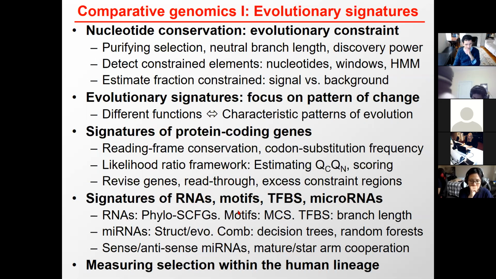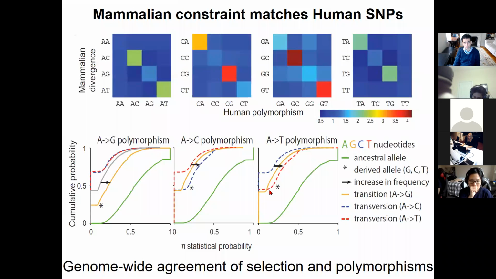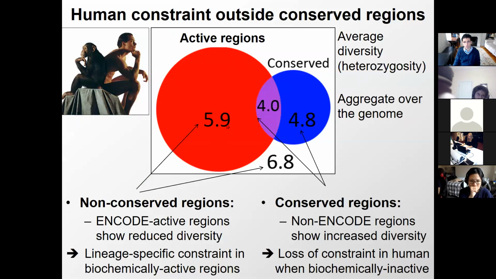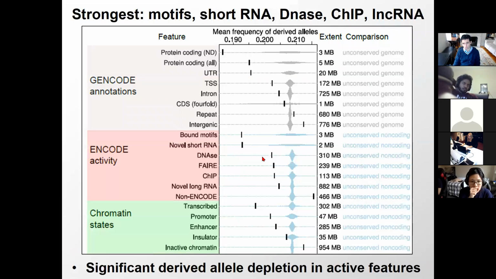Just as a small parenthesis, we can use these signatures to also search for constraint within the human genome. We can ask whether the mammalian constraint matches the human constraint, and we can use that to infer that there's additional constraint within active regions of the human genome. If you look, for example, within protein coding regions, of course, they are the most well conserved.